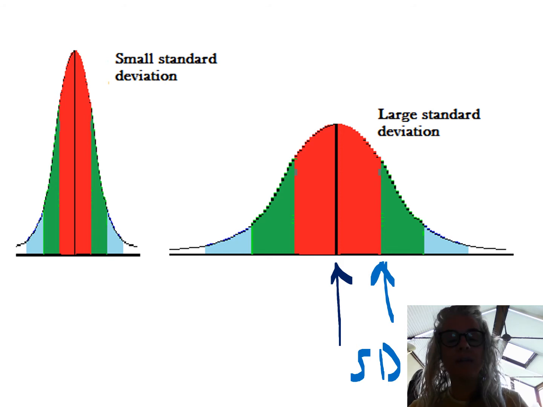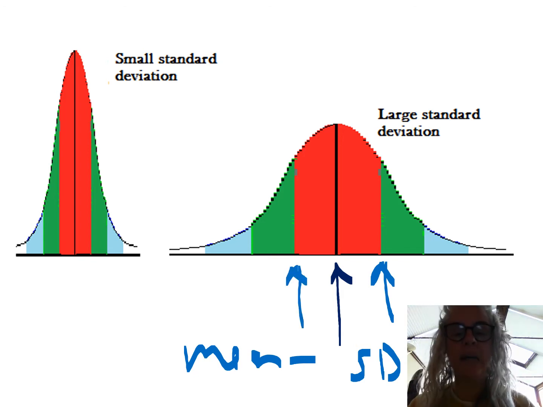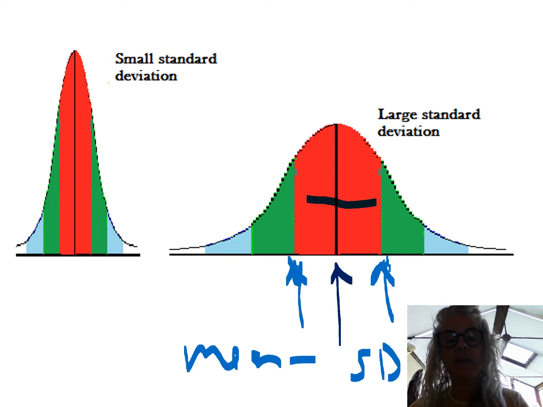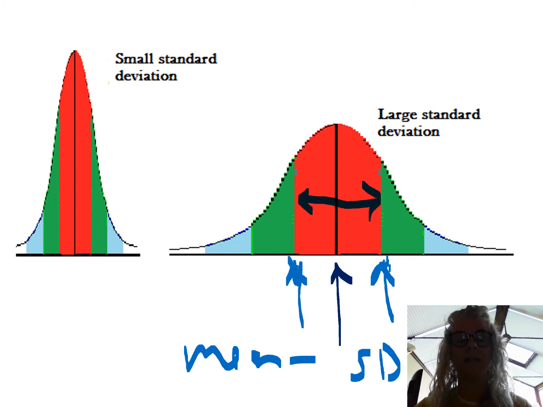If you do standard deviation minus the mean, it will give you that value there. This is very difficult to do with my finger, I'm very sorry. So you get your mean value, you add the standard deviation value to that mean to get this one here, and you take that mean number and you take away the standard deviation to get this one here. So this represents plus and minus 1 standard deviation.